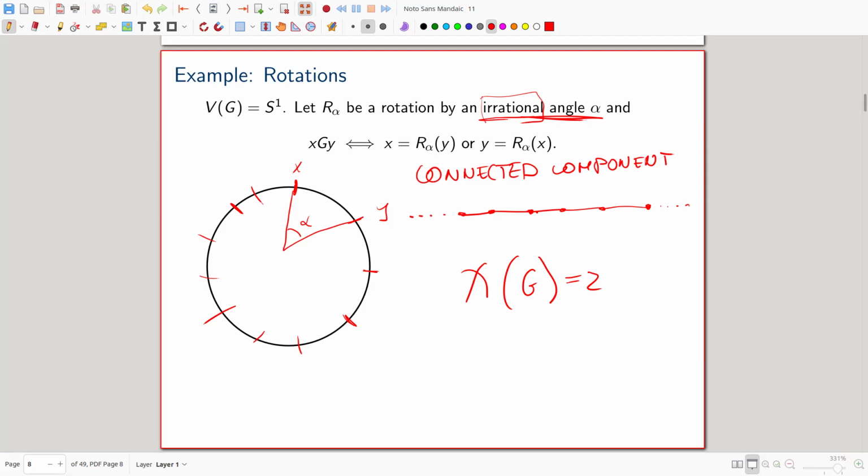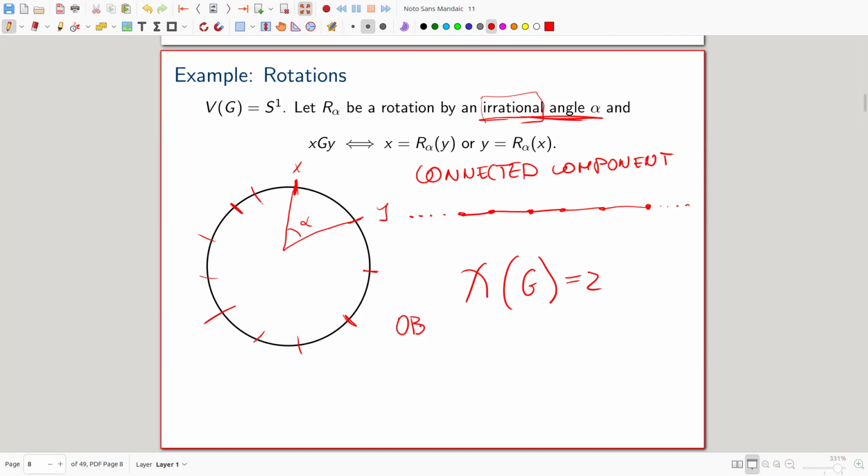One thing to notice also is that a connected component of this graph, so what can we say about it topologically? Well, it's actually a nice exercise that every connected component, or every orbit, if you wish, in this graph is dense in the circle.